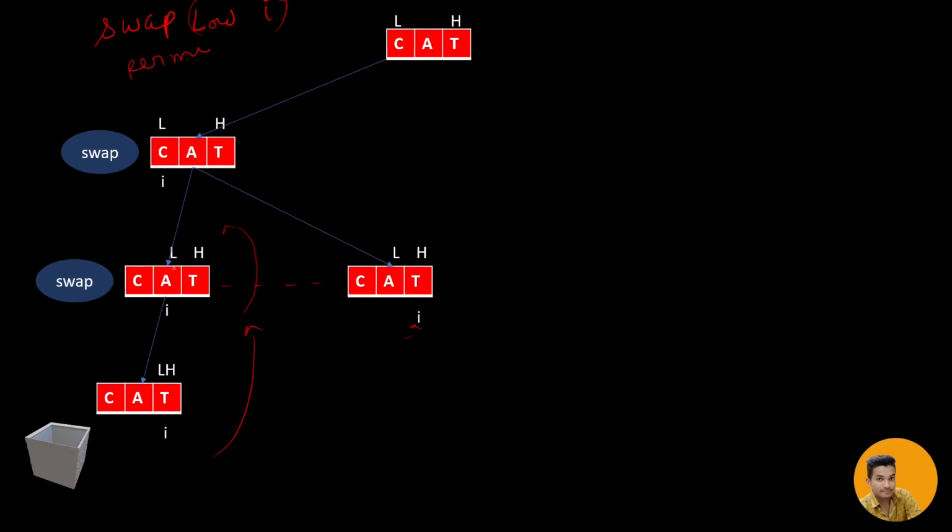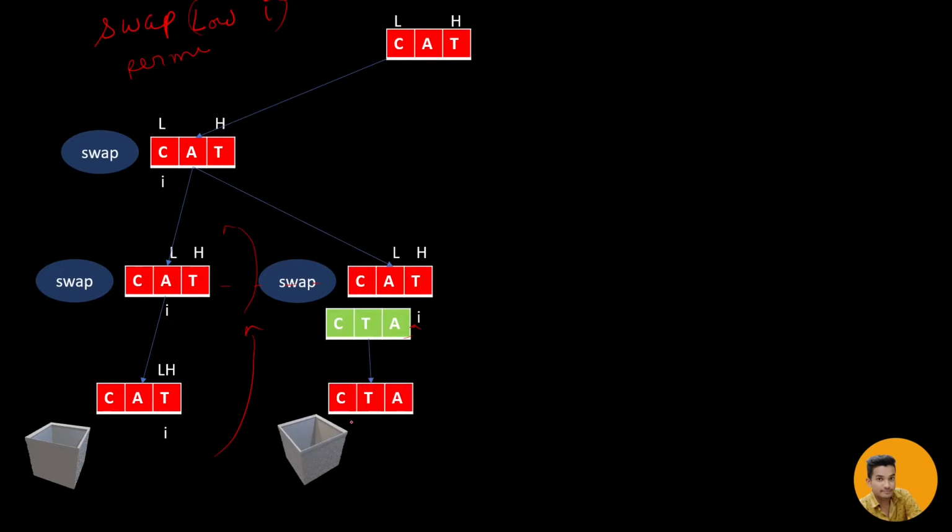Low is still here, so again low and I swapping will be done, and this is a new solution formed. So I will put this in the container, and since low is increased, low is now here and high is here. So we are going to put this in the container.